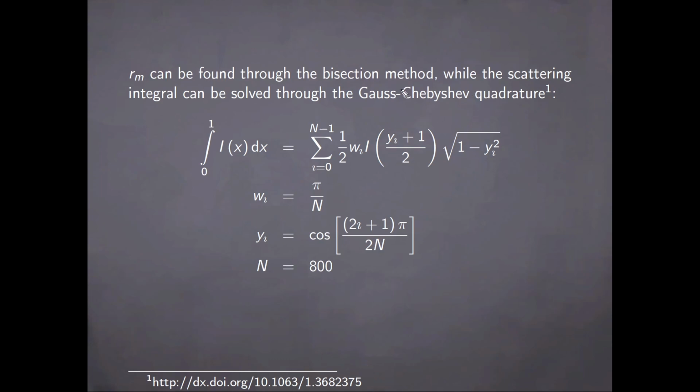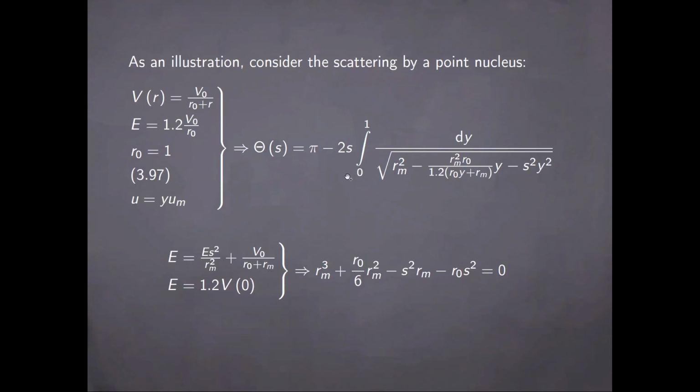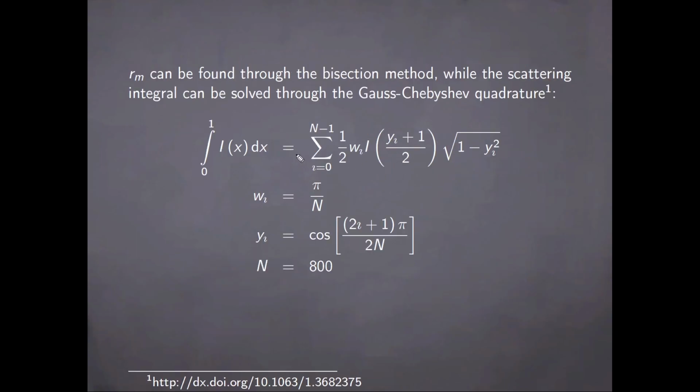discussed in detail. Here I will only give the main results, namely the Gauss-Chebyshev quadrature is a numerical method used to evaluate integrals of this kind. It states that an integral of the type here is equal with this sum, where the weights W are all taken to be equal.